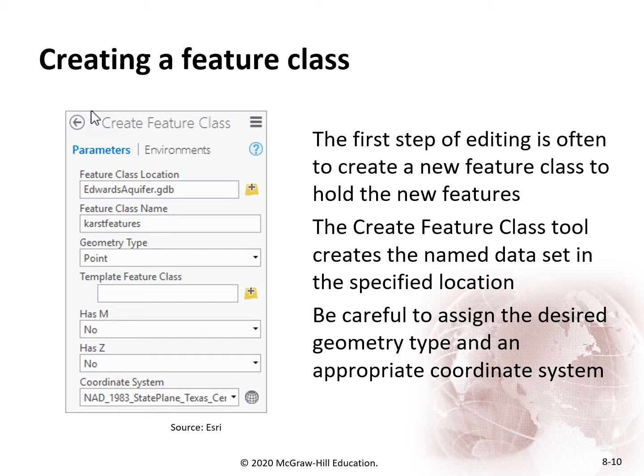So you have to go into your catalog pane or use the create feature class tool, in which case you'll name it, place it, decide what type it is, and select the coordinate system, all that kind of stuff. What you're making is a blank feature class. It'll create exactly what you ask for, it just won't have anything in it. But once it's made, you can then edit it, and you can draw in the lines, the boxes, the points, the polygons that go with it.